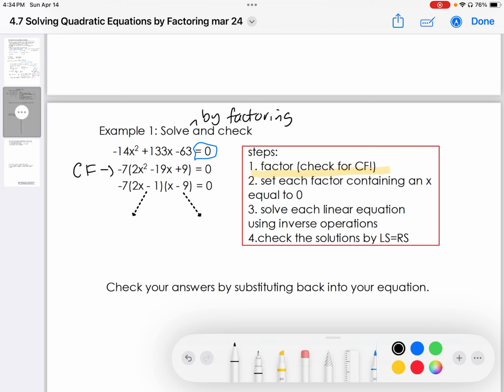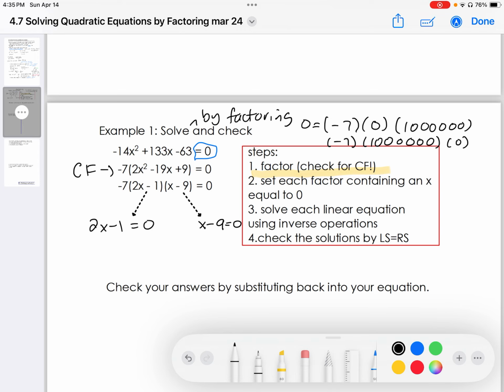Okay, and you would have ended up with these two binomials. So you can set 2x minus 1 equal to 0, x minus 9 equal to 0, because if you have either of the brackets as 0, then when you multiply, whether you multiply -7 times 0 times a million, or -7 times a million times 0, who cares?